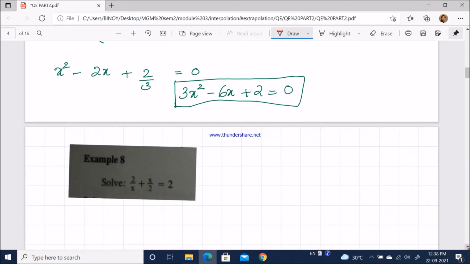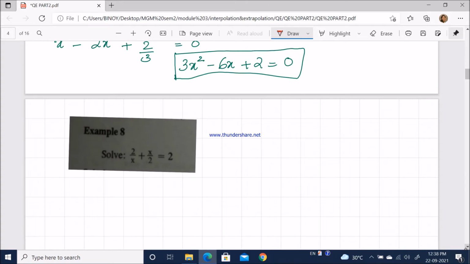The next question is solve 2/x plus x/2 equals 2. What we have to do is cross multiply these two. That is 4 plus x square by 2x equals 2.